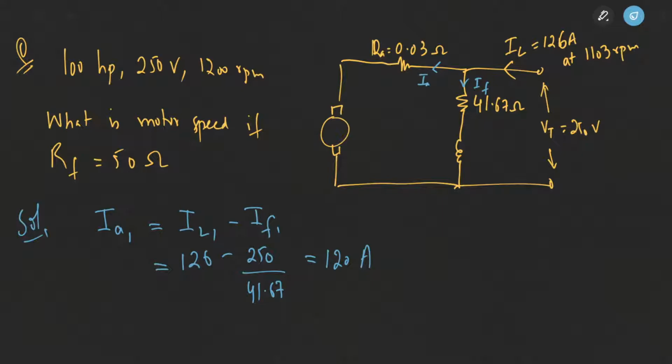Corresponding to this, EA1 will be equal to VT minus IA1 into RA, where VT is 250 minus 120 into RA, 0.03 ohms. That will be equal to 246.4 volts. Now what will IF2 be?